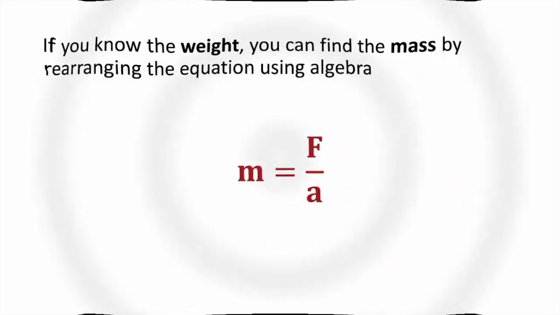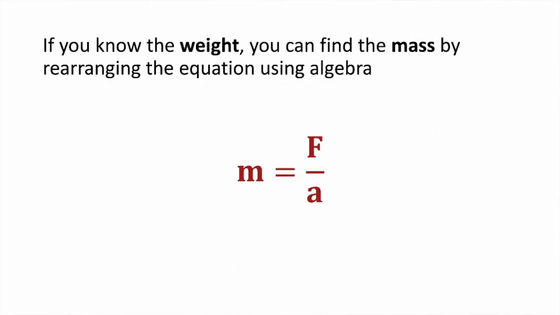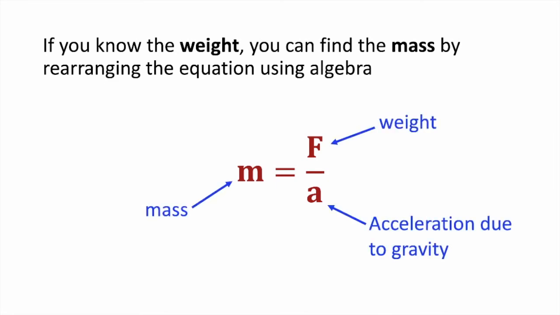If you already know algebra, I encourage you to try this out. But if this is all new to you, just know that you would be given the equation in this format on any worksheets or tests. We're going to use it in a very similar way to the way we use the F equals ma equation. Let's show you this by using an example.